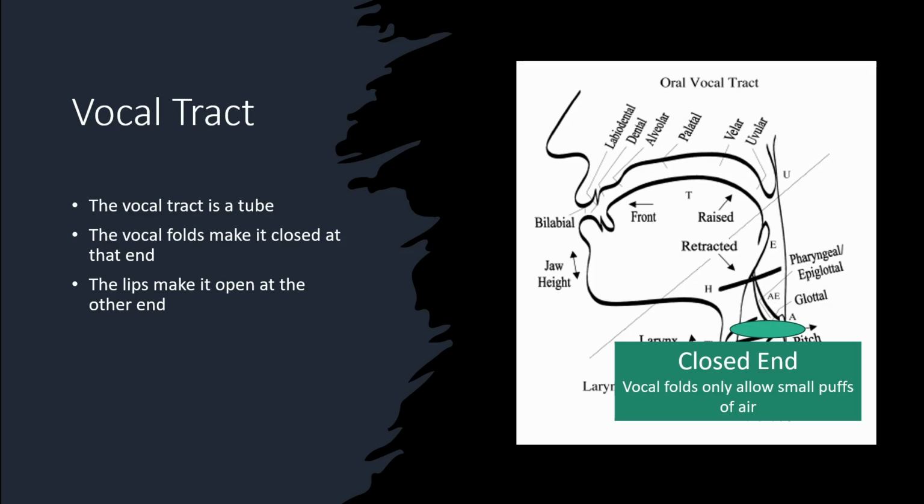Now, it's true the vocal folds do little puffs of air, which mean that they're closed and then not closed. But even when they're doing the puff of air, they don't open much, right? Like we've seen the video of them. They're together and they just barely open. So it can be modeled as a closed tube, basically.